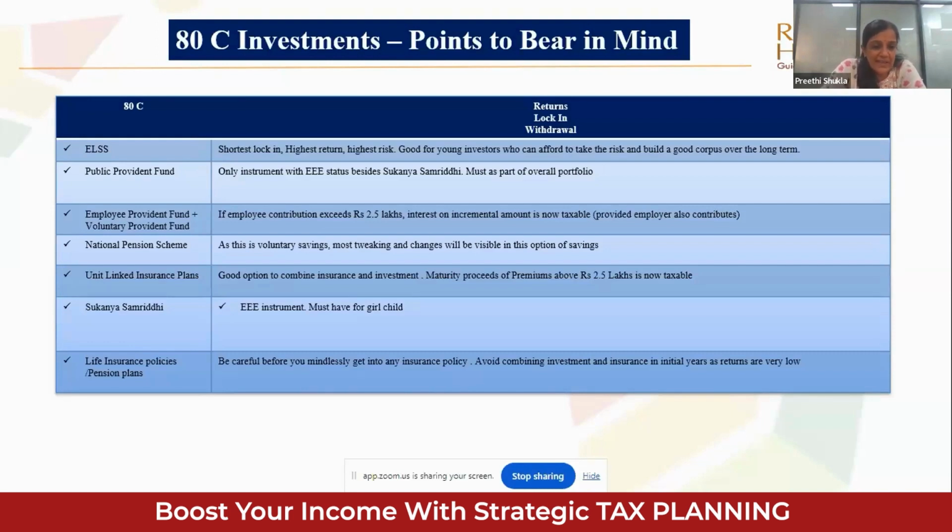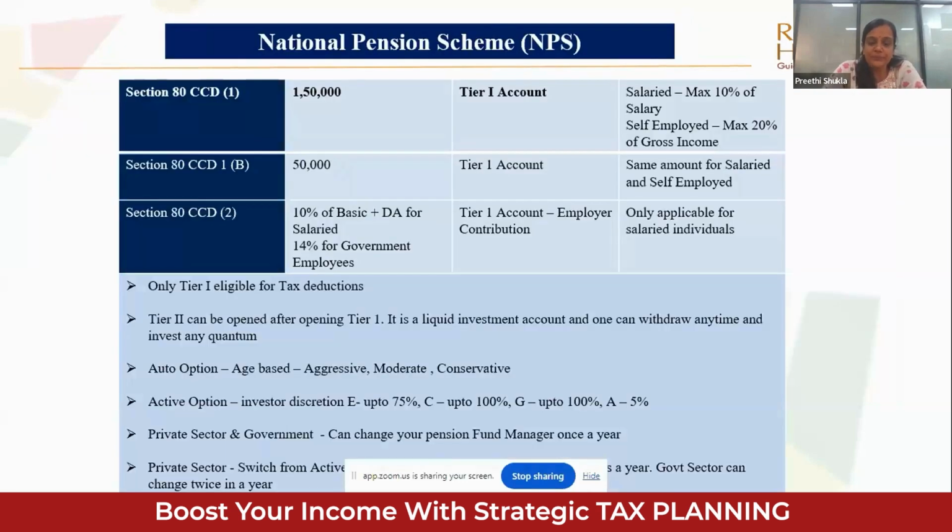So don't blindly get into any insurance product, especially if you are young. Understand whether it's pure insurance or something with catches behind it. So just be careful before you get into it. Again, my point is to understand each product, keep in mind your financial goals, and accordingly get into the investment avenue.